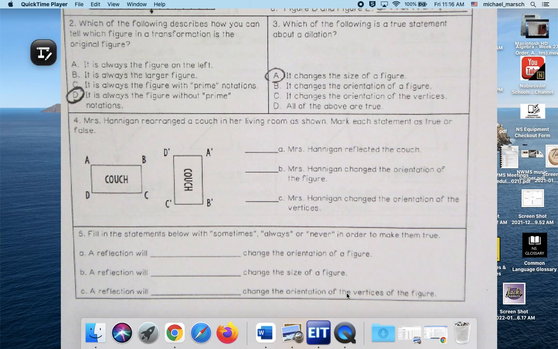Okay, statement A says she reflected the couch. True or false? False.